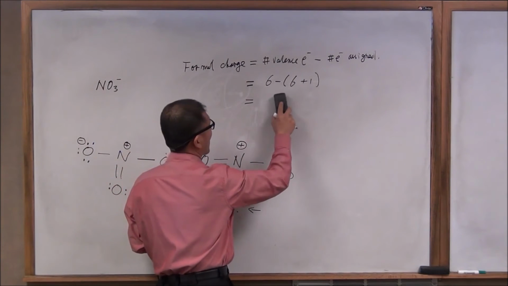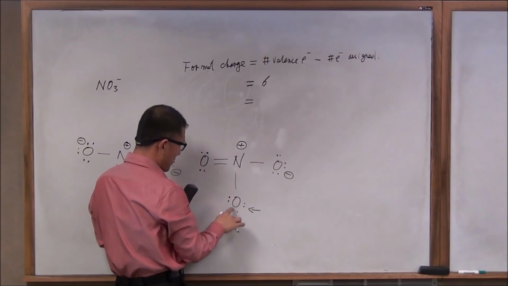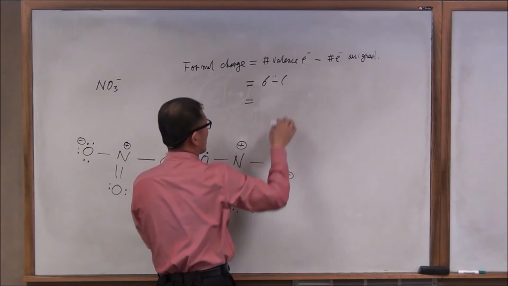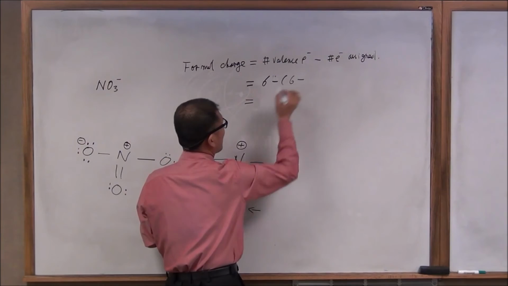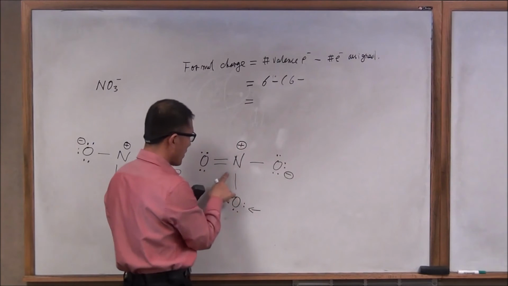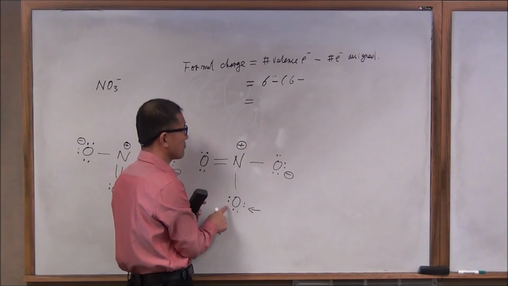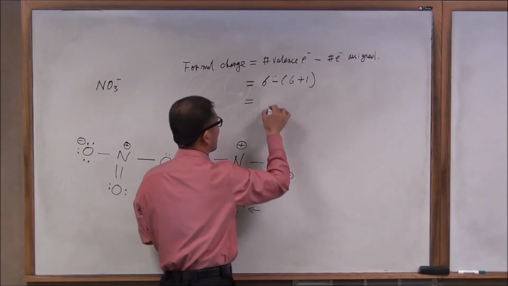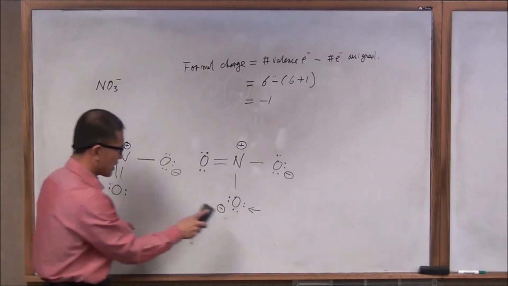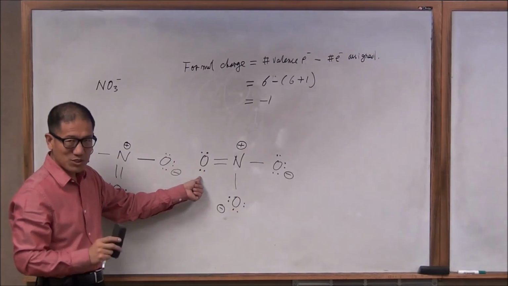We do the same calculation. The number of valence electrons is 6, and the number of electrons assigned is 6 from the lone pair, and then 1 from the shared pair. Remember, each shared pair has 2 electrons, but only half is assigned to this one. So it will be -1. So this will be a -1 formal charge. Now this will be another legal Lewis structure.